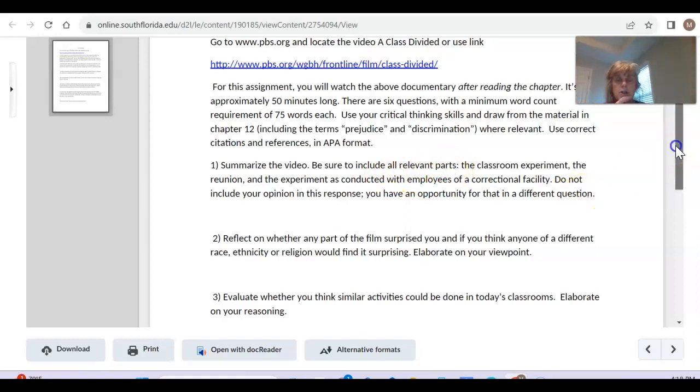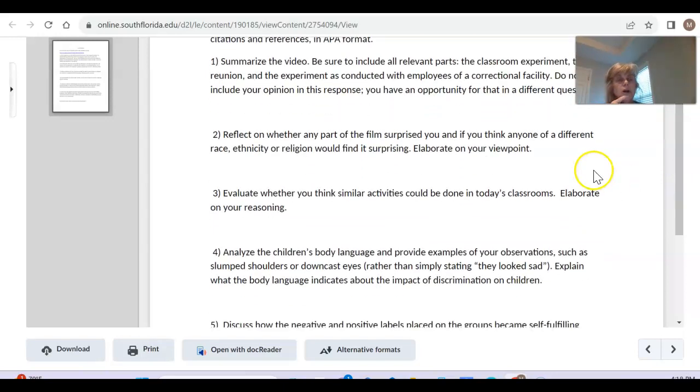The second question, you're going to reflect on whether or not any part of this film surprised you, and if you think anybody who's a different race than you, or ethnicity, or religion, would find it surprising, and then elaborate on your viewpoint. Third question, tell me if you think similar activities could be done in today's classroom, and tell me why you reached that conclusion.